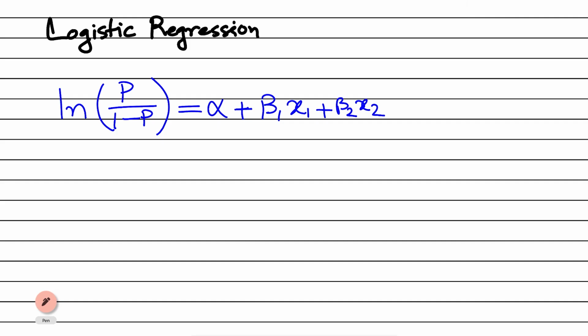This beta is again your regression coefficient, and x1 and x2 are your predictors or independent variables. Obviously, alpha is the intercept. Let me mark this beta coefficient or regression coefficient.